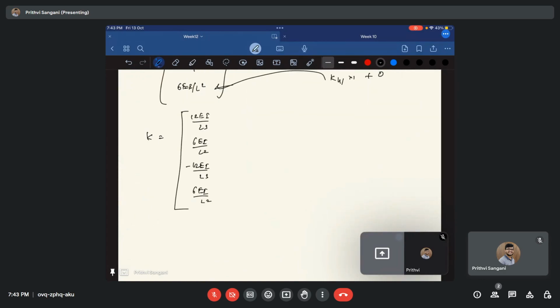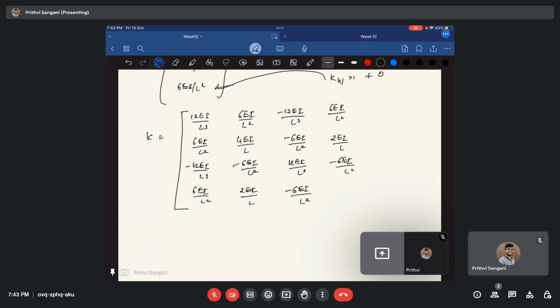So that is 6EI/L², 4EI/L, -6EI/L², 2EI/L. Similarly, we will get this row: 12EI/L³, -6EI/L², -12EI/L³, and so on, -6EI/L², 6EI/L², 2EI/L, -6EI/L², 4EI/L.